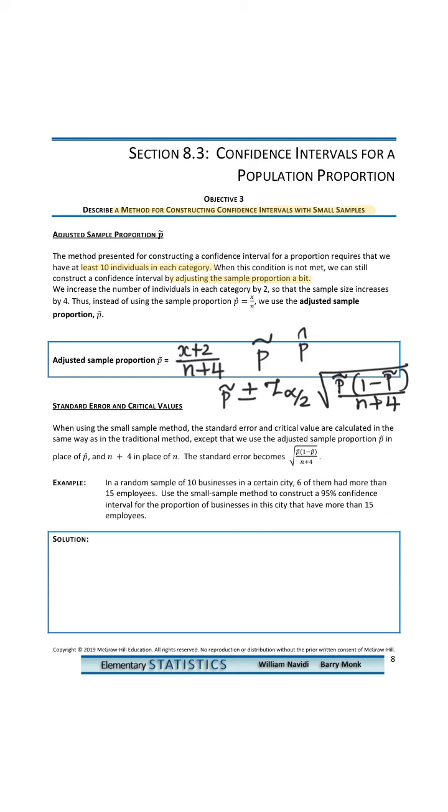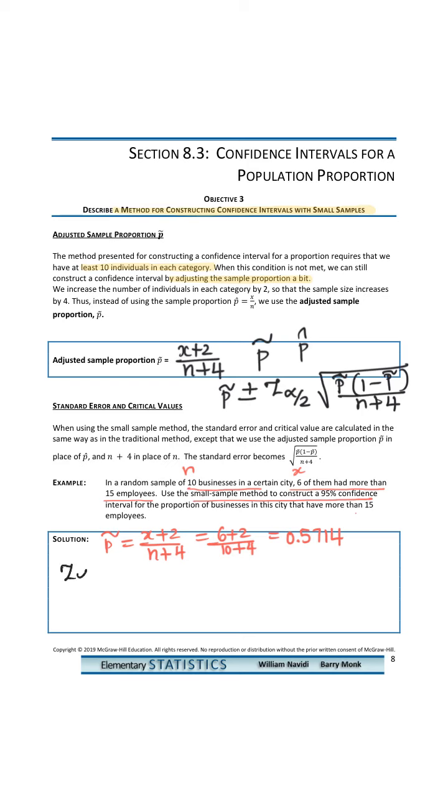In this example, a random sample of 10 businesses in a certain city, 6 of them had more than 15 employees. That means n is 10, x is 6. Use the small sample method to construct a 95% confidence interval for the proportion of businesses in the city that have more than 15 employees. So the adjusted sample proportion will be x plus 2 divided by n plus 4. So 6 plus 2 divided by 10 plus 4, that is 0.5714.